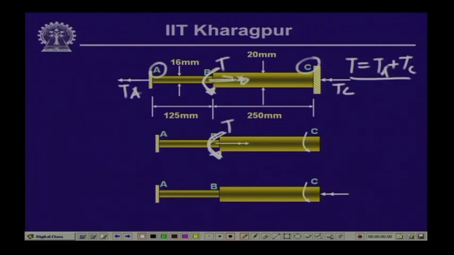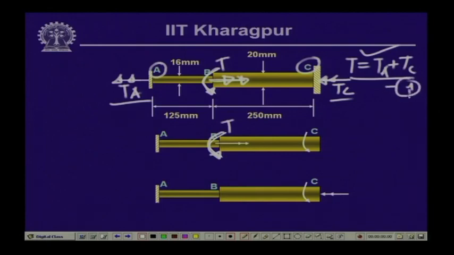This is the vectorial notation of the twisting moment, and the support twisting moments which we have taken are in the opposite direction, T A and T C. This is the equilibrium equation, T equals T A plus T C. So, this is equation 1.